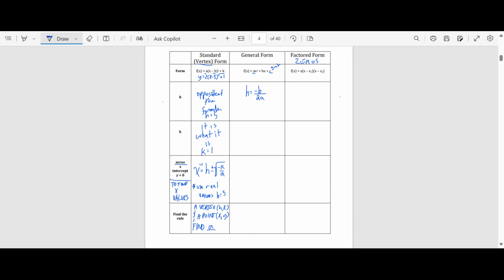They give you a rule in this format, and the question may ask something along the lines of, if you had something that looked like this, and it's Sam, and Sam throws a football.